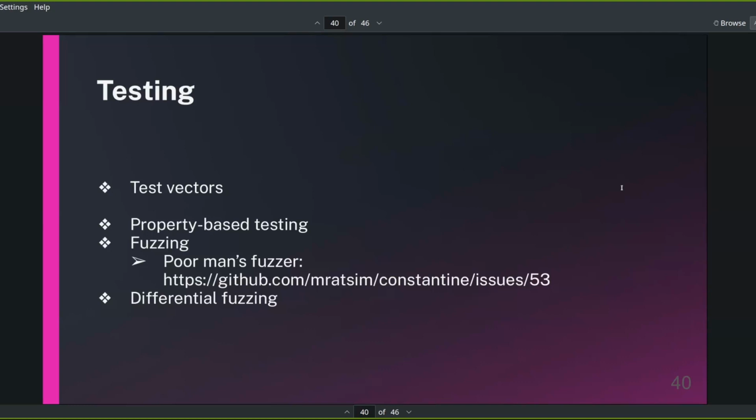And the last thing is differential fuzzing. So this is when you use 2 different implementations, you run them both under the fuzzer, and you check all the differences. If you implement your code as constant time, it can be interesting to differential fuzz with a non-constant time implementation, because that non-constant time implementation has branches.